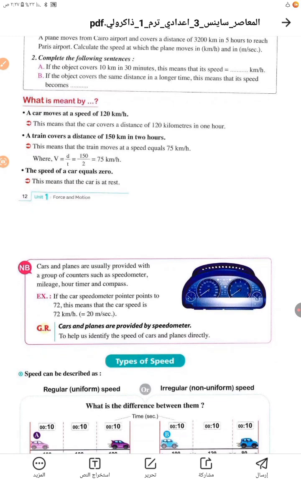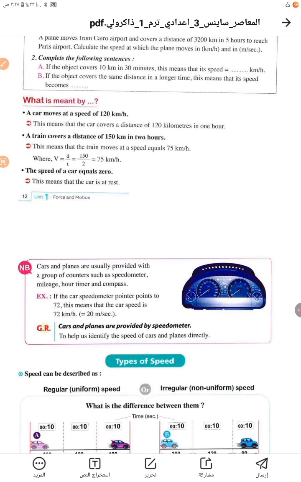A train covers a distance of 150 kilometers in 2 hours. This means that the train moves at a speed equal to 75 km per hour, where the velocity equals distance over time equals 150 over 2 equals 75 km per hour. The speed of a car equals 0. What is meant by the speed of the car equals zero?